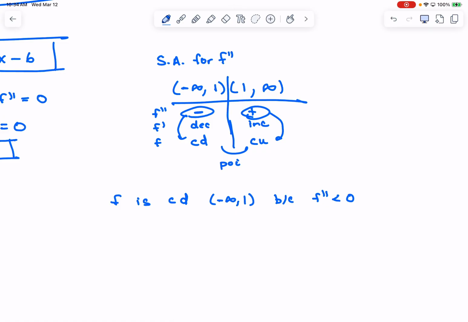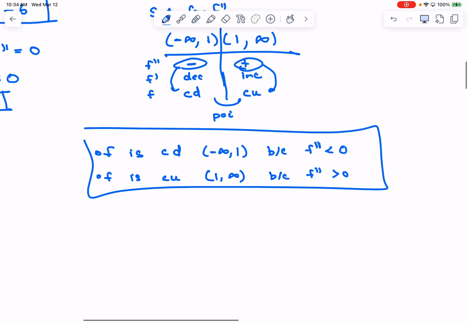They actually accept either of those because that's the true definition of concavity: where f prime is decreasing is where you're concave down. But I guess the most common way to say it is because the second derivative is negative. And then they say f is concave what? Up from what? Because f double prime is what? Okay, block that off.